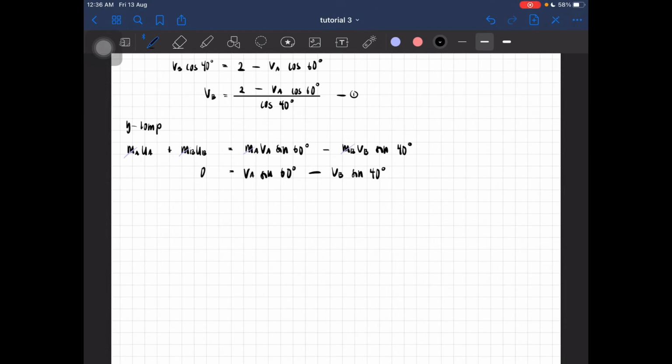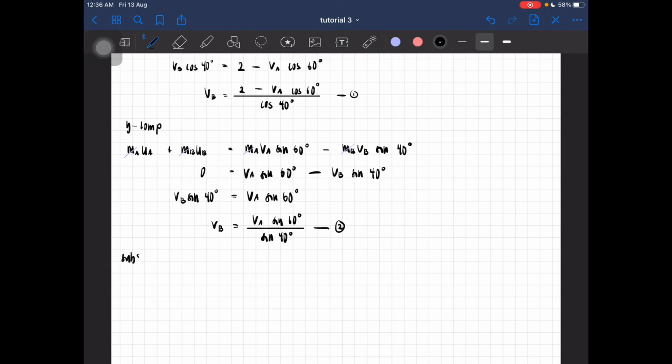So we can equate this as VB sine 40 degrees equal to VA sine 60 degrees. So we can let VB equal VA sine 60 degrees over sine 40 degrees. So this is our second equation.